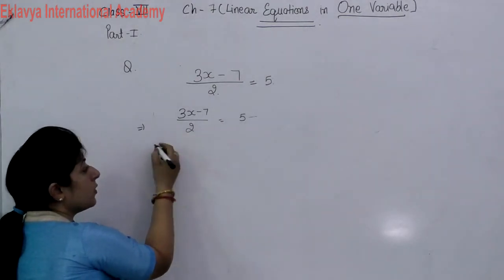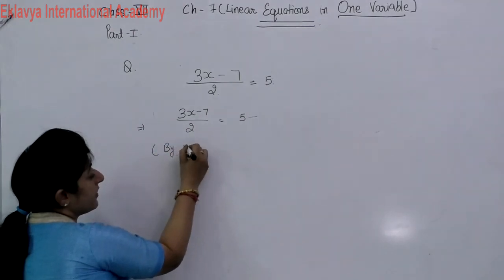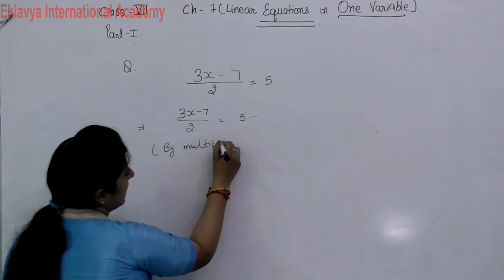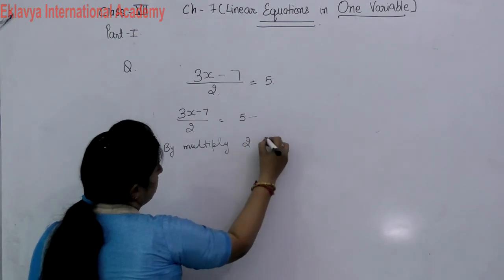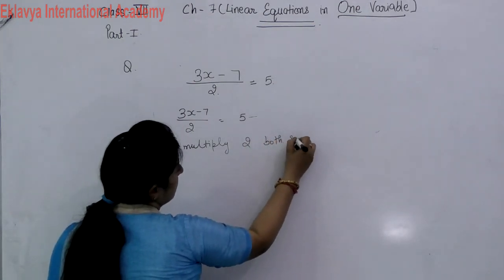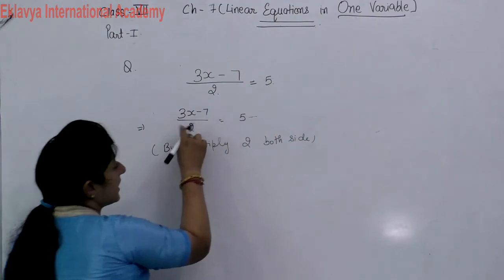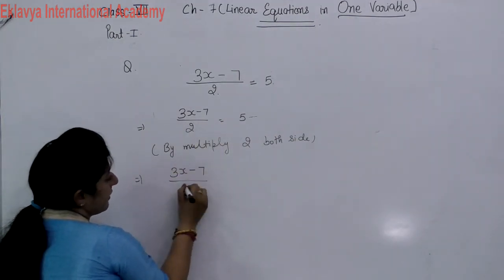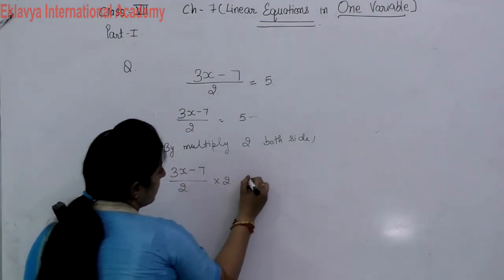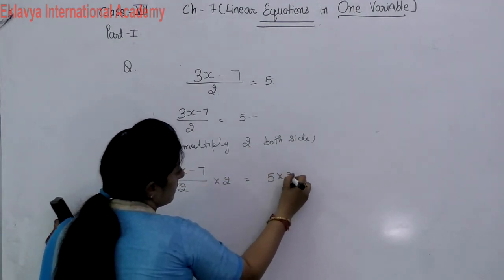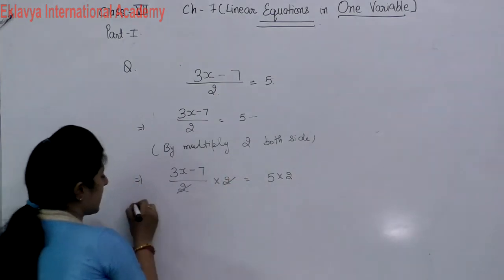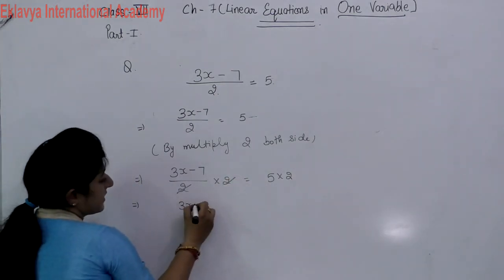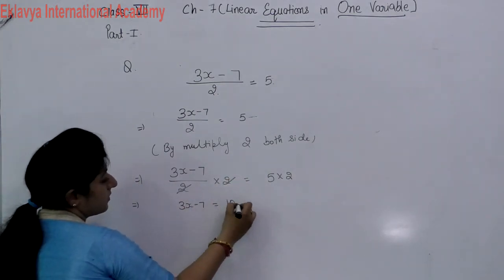We want to remove it, so we have to multiply both sides by 2, because it is dividing the whole expression. (3x - 7)/2 multiplied by 2, and 5 into 2. The 2s cancel out, then it becomes 3x - 7 = 10.